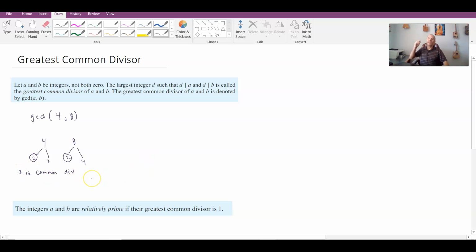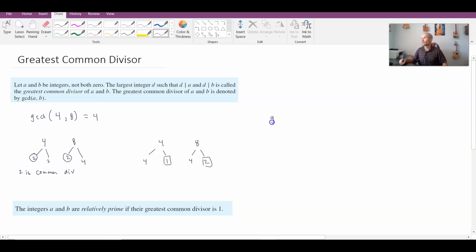However, it's not the biggest common divisor. We can see that 4 and 8 can actually both be divided by 4, and that is the greatest common divisor. After all, 1 and 2 are no longer divisible by any common value. So we would say that the GCD between 4 and 8 is 4.